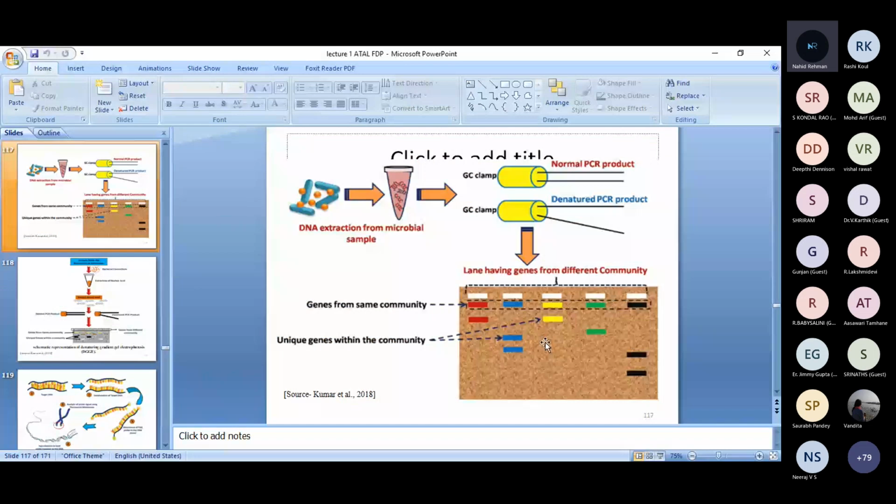Let me tell you, whether you are working with the DNA or with the RNA, whenever you isolate RNA, you go to the reverse genetics.